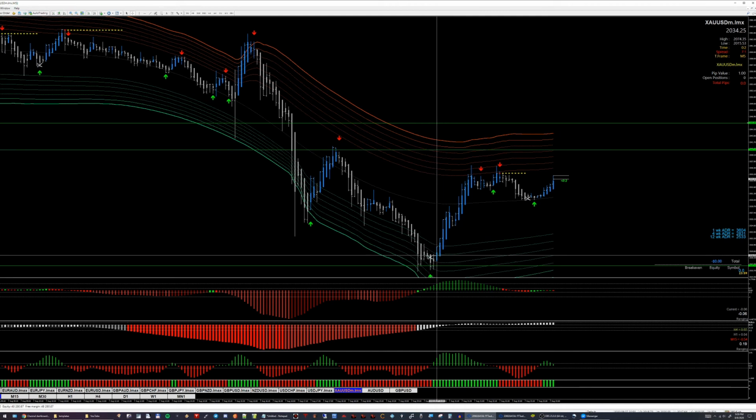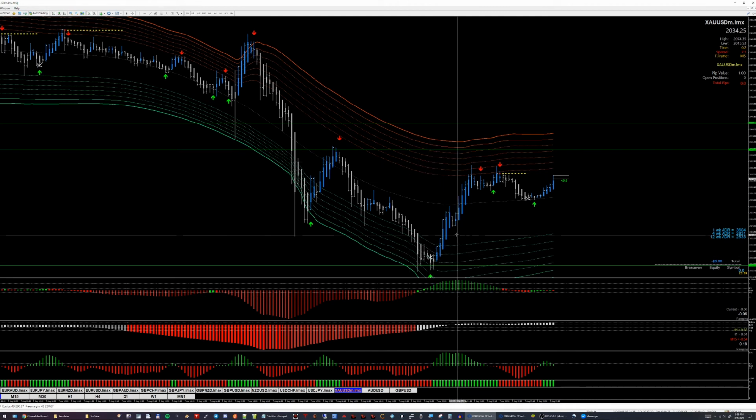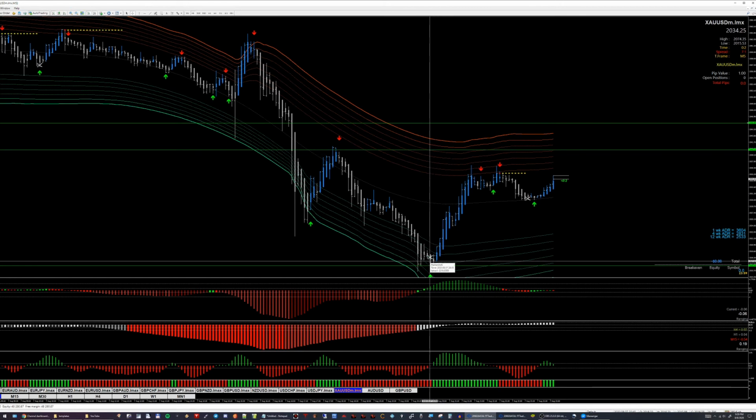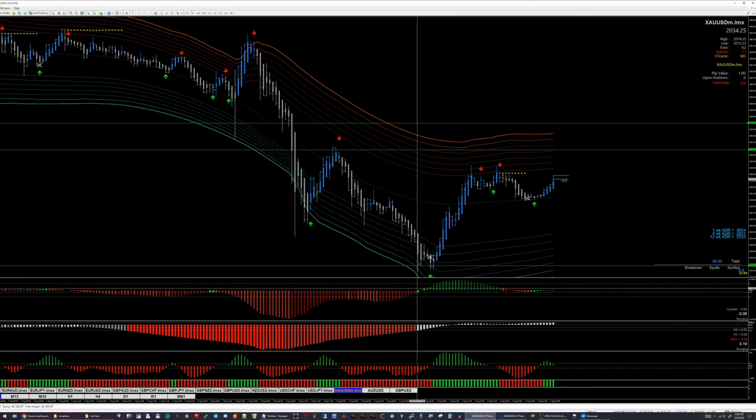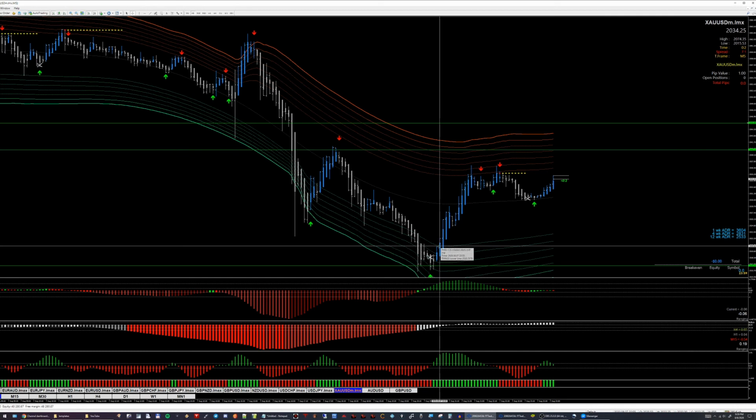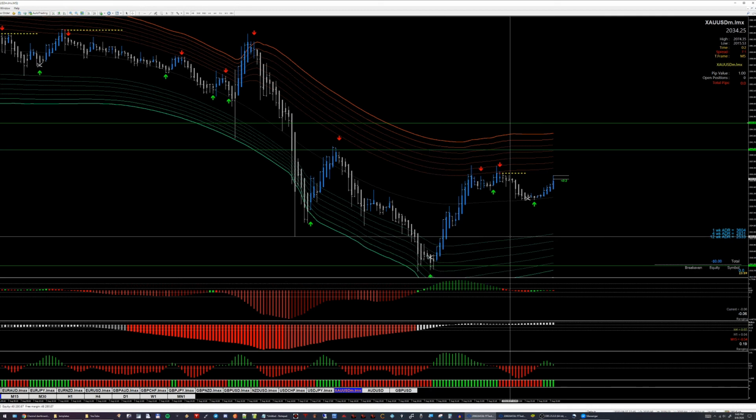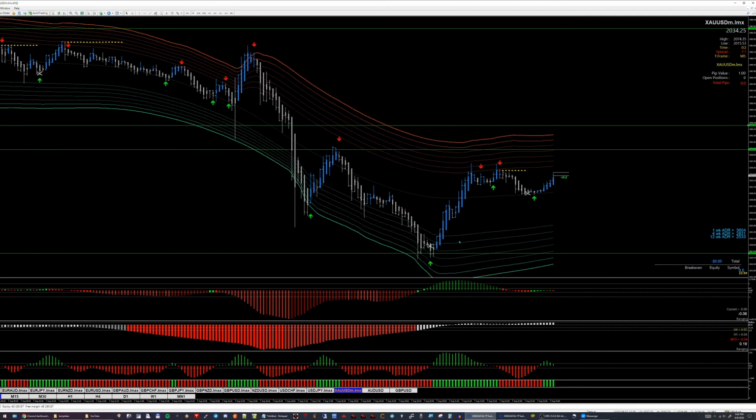So if I get the scissors, the indicator says we're going further down. But if you look down here, you can see that we already switched to green. This is already in the white, and we get our confirmation down here. We get a Heikin-Ashi candle in blue, which is my bullish candle. So everything works here.